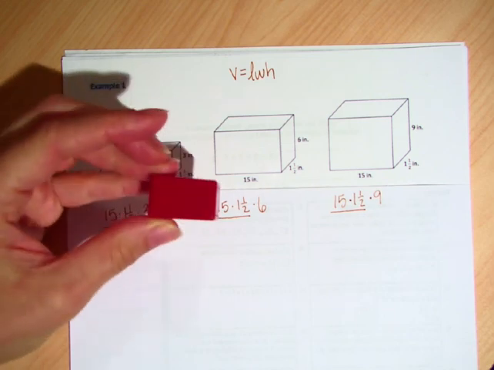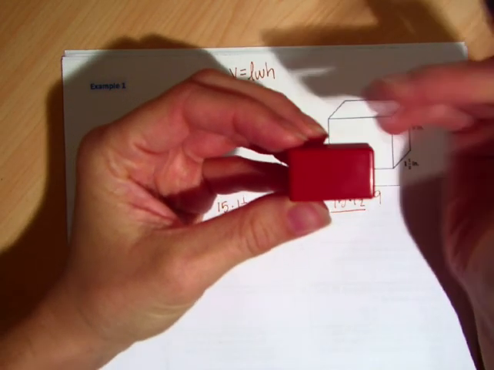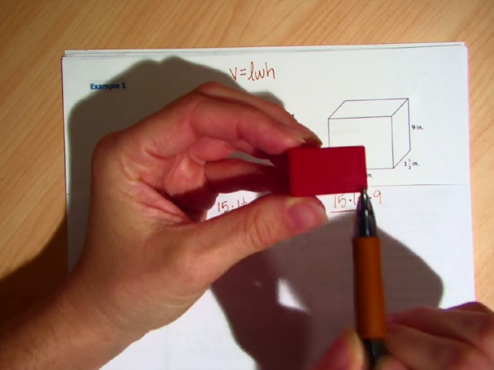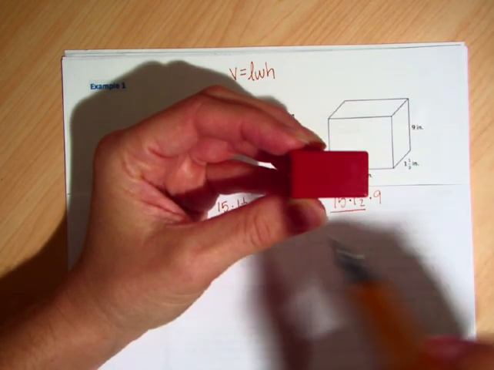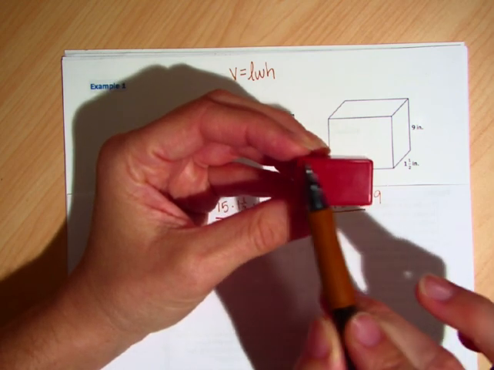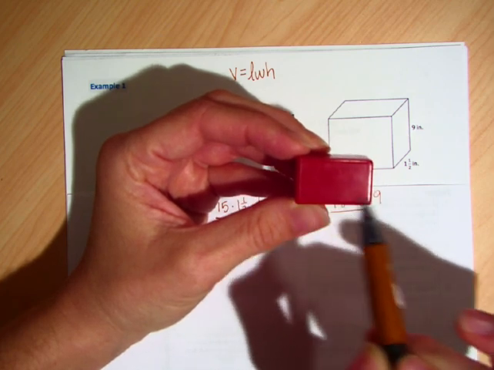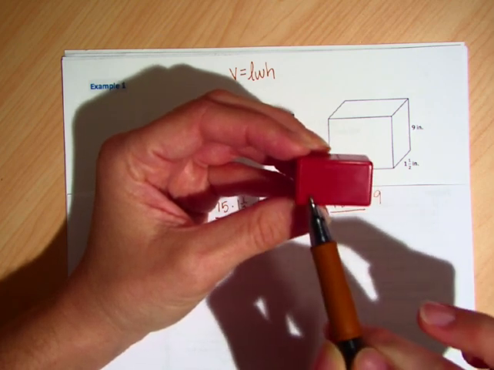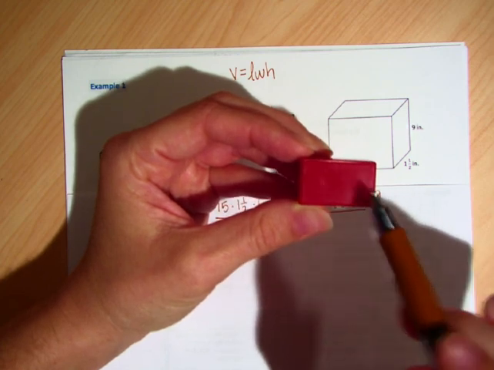Well, if I look at this three-dimensional shape here, let me make it a little bit closer for you. If I look at this three-dimensional shape, the length is here, the width is here. Now, that's the area of one of the faces, length times width. Or base times height, length times width. That's going to give us the area of one of our bases, one of our faces.